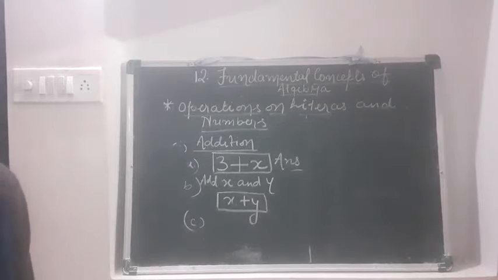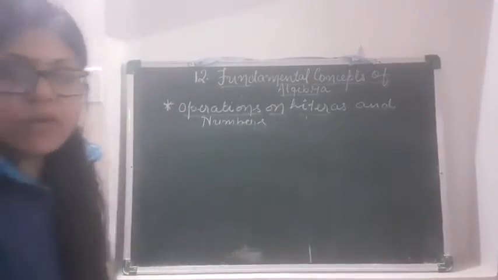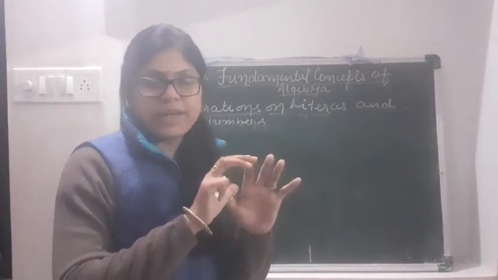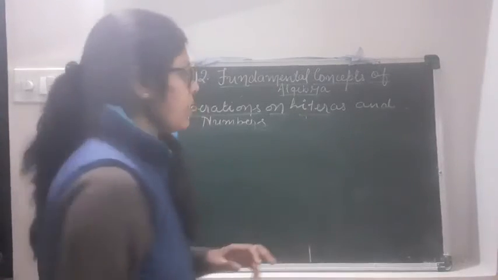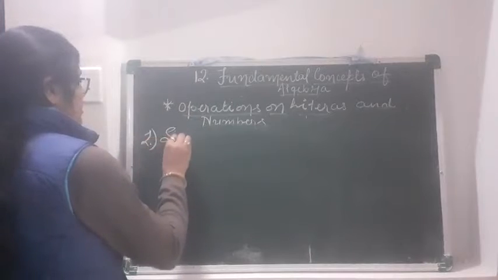Now let us do subtraction of literals and numbers. Now we will talk about subtraction. Why am I doing this? When you get the questions, we have to write them in equation form. That's why. So addition is done, now subtraction.